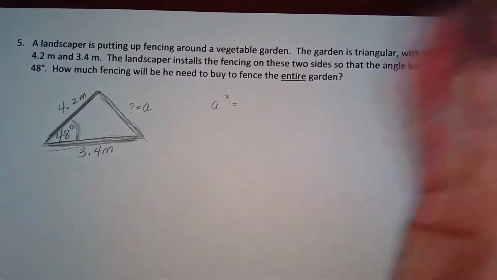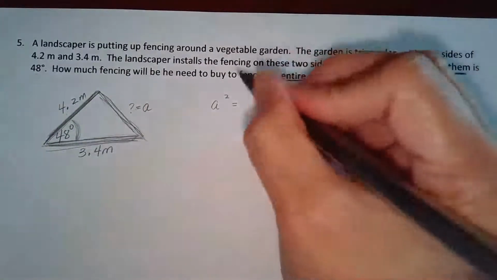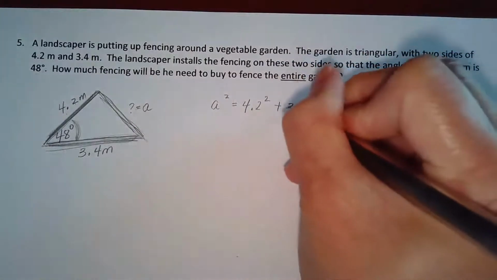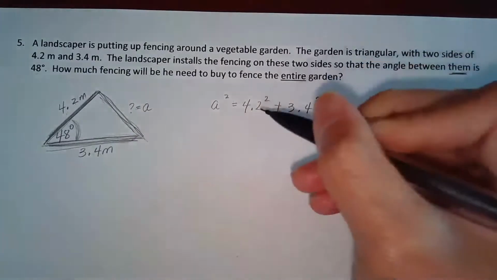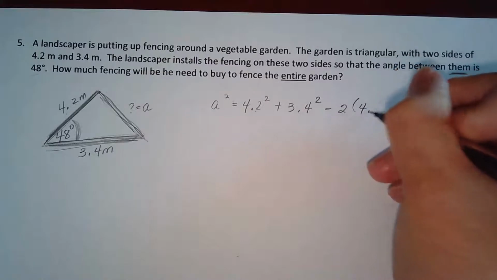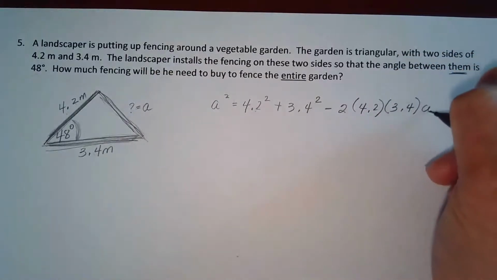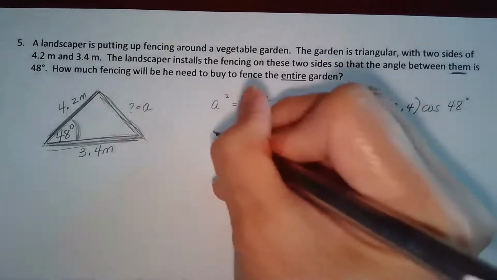A is equal to the sum of the squares of these two. So 4.2 squared plus 3.4 squared minus 2 times the same sides, 4.2 times 3.4 times cosine of 48 degrees.